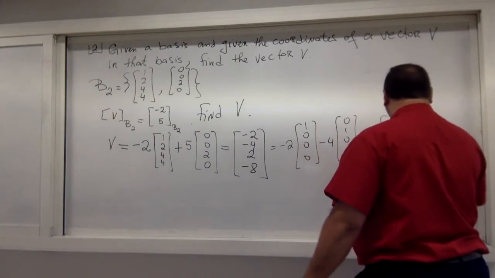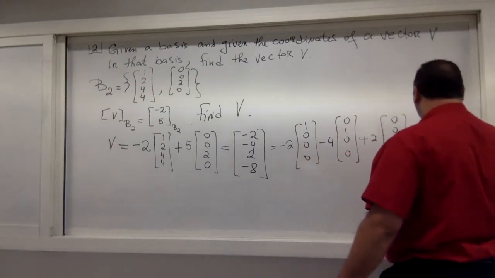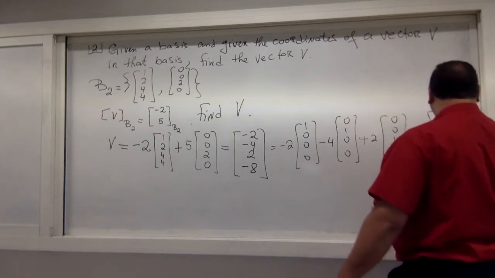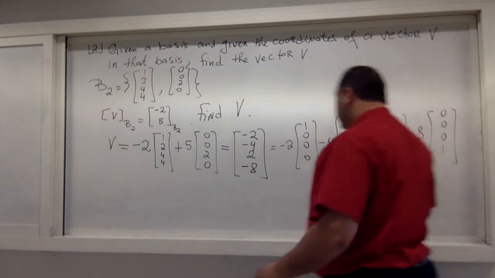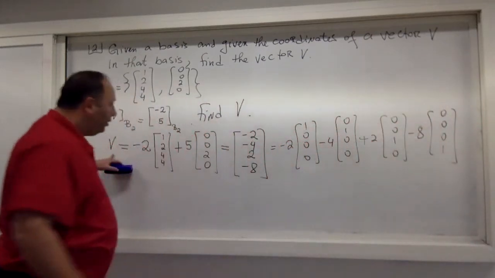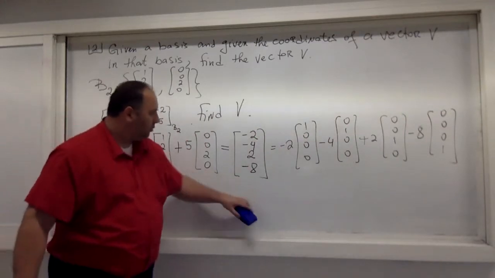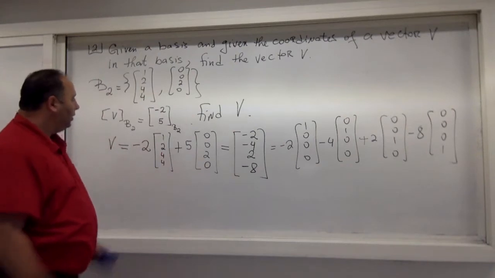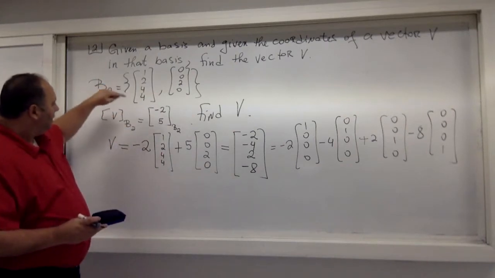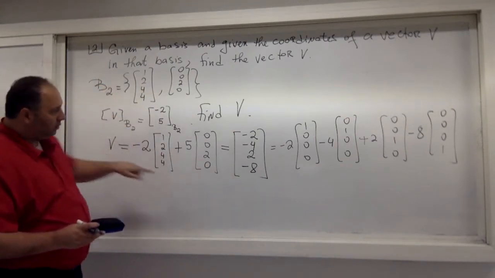Not a big deal. We don't need to write this ever in life, but just to make sure you know what's going on here. So my vector and its representation in the canonical basis, that's the same thing.